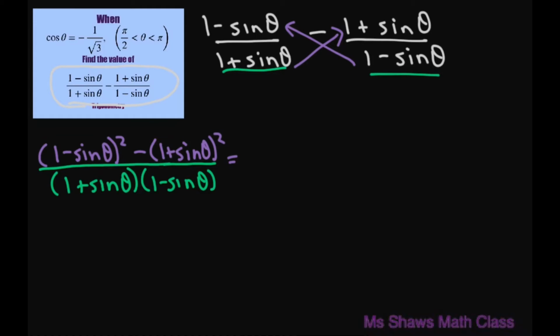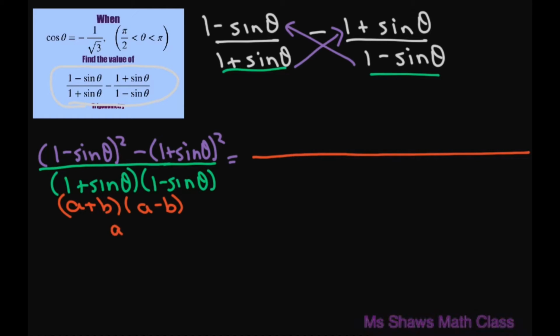Now my denominator, I'm going to use a plus b times a minus b, and that equals a squared minus b squared. So that's going to be 1 squared, which is 1, minus sine squared of theta.